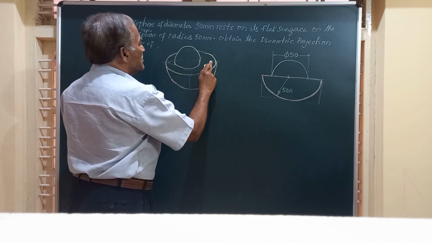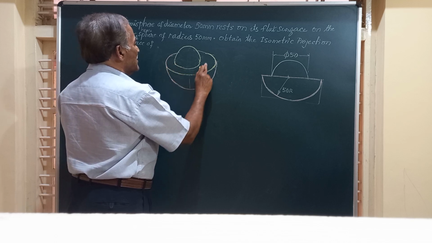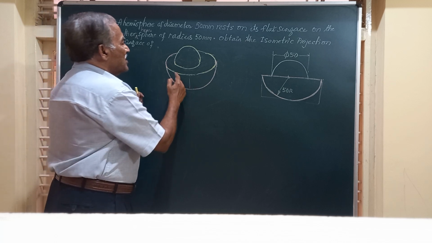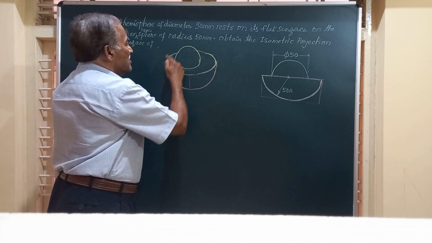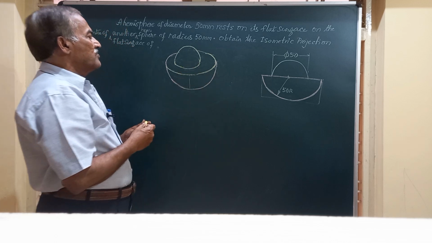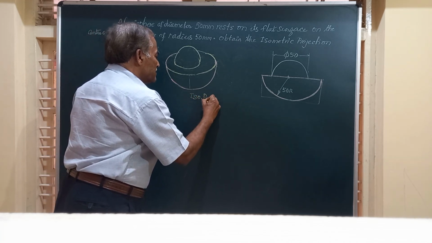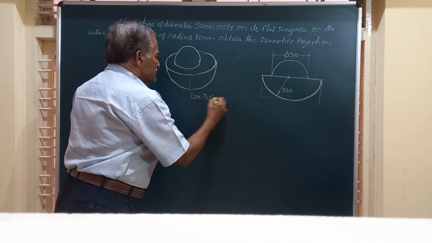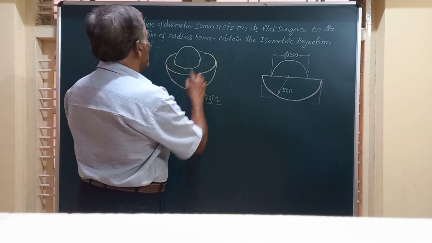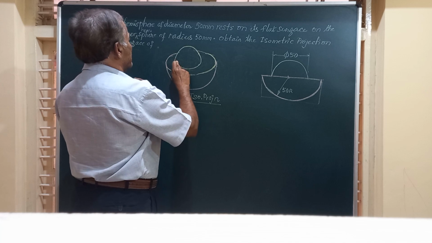So we will remove this also, and friends, you will have a clear picture of a smaller hemisphere sitting on the top surface of a bigger hemisphere, and this is how we obtain the isometric projection of the combination of solids when the question is given in the form of a statement. Here the question is given in the form of a statement.